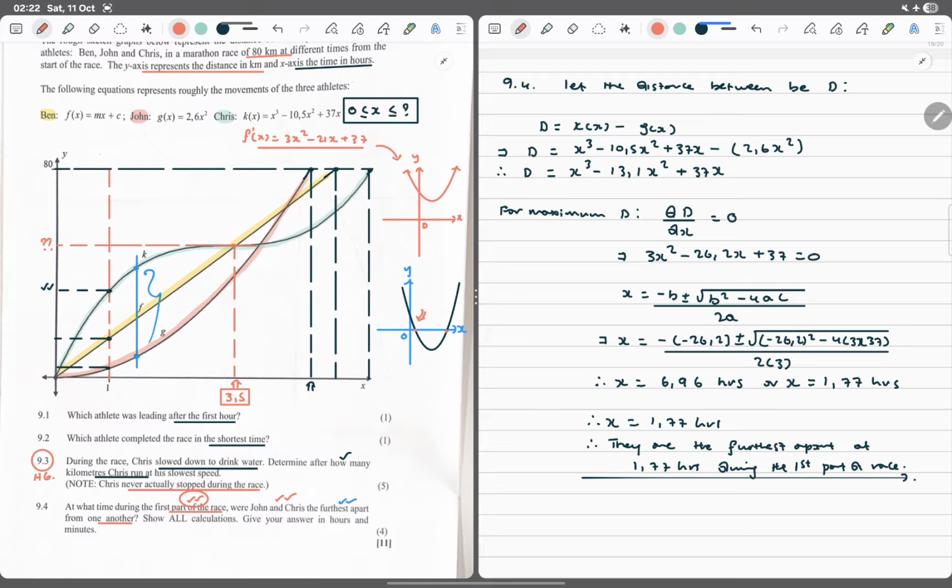As you can see here, we dealt with graphs instead. So it can be graphs, it can be shapes, it can be issues of rates of change in terms of speed and distance, like it is the case here. So we need to know those things.